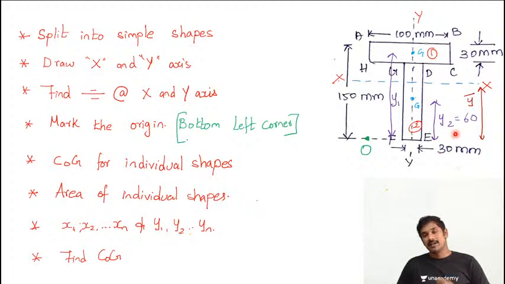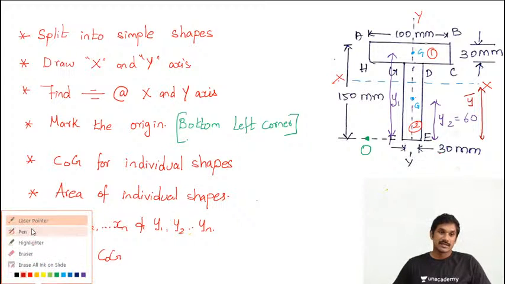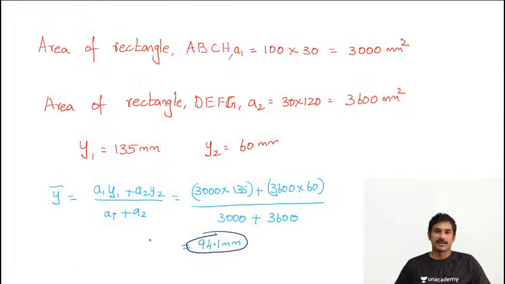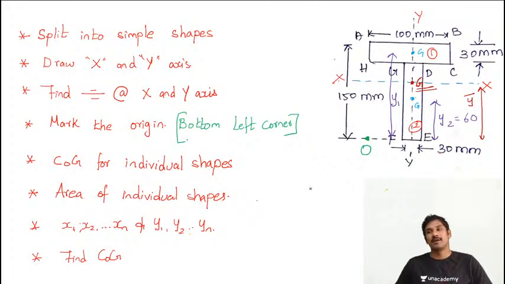So we have found that 94.1 mm is where the x-axis lies. From the origin, mark a point at 94.1 mm and draw a line, where you can find the x-axis. The meeting point of this x and y axis is the CG. Got it? And y bar we have found out. What about x bar? It's 0 because it lies on the y-axis.